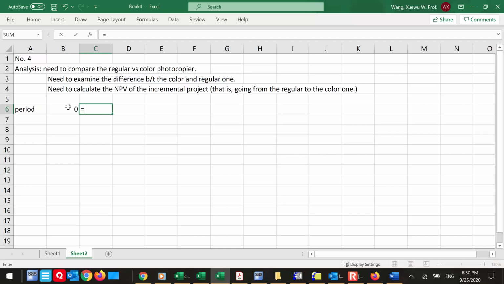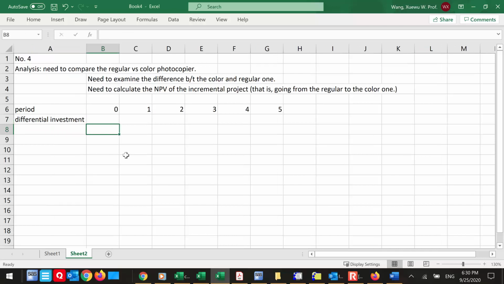So I'm going to build a 5-year timeline, and I'm going to look at the differential cash flows. First of all, what is the differential investment? If you go with the regular one, you're going to invest 10,000. And if you go with the color one, it is more expensive by 20,000.